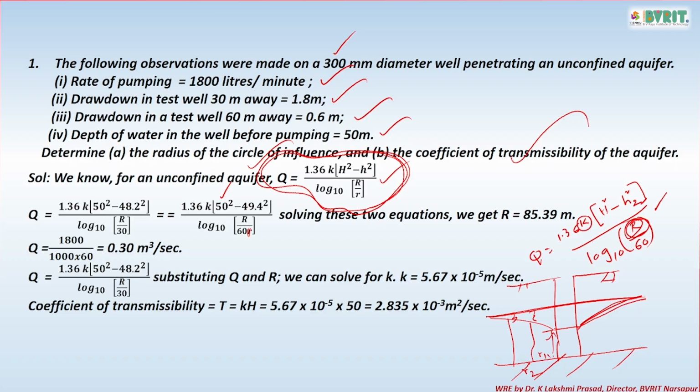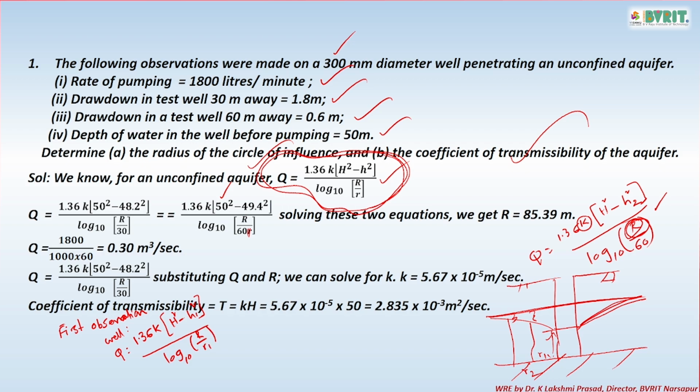So what we have done is use the observation well data. I will write here, check it. First observation well, if I take it, what can I write? Q is equal to 1.36 into K into H square minus H1 square divided by log base 10 R by R1.